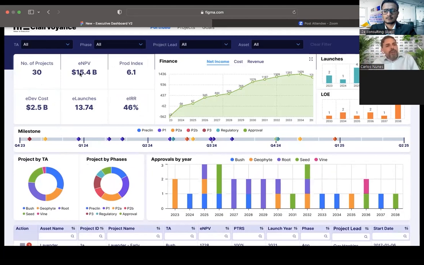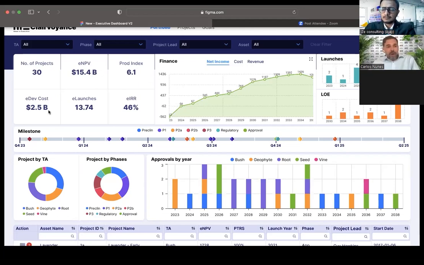So here I'm showing key measurements of value. ENPV is a common measurement. For those of you familiar with the financial valuations, it's expected net present value, and it gives an aggregate value in today's dollars of the potential of those 30 assets. So given probability adjusted outcomes, if we were to launch the potential of the portfolio, we would achieve $15.4 billion in value on this particular portfolio.